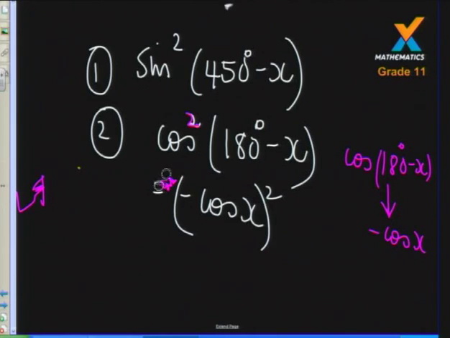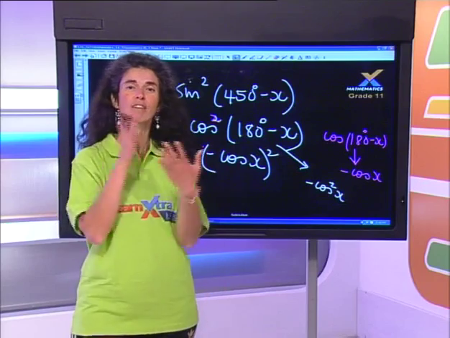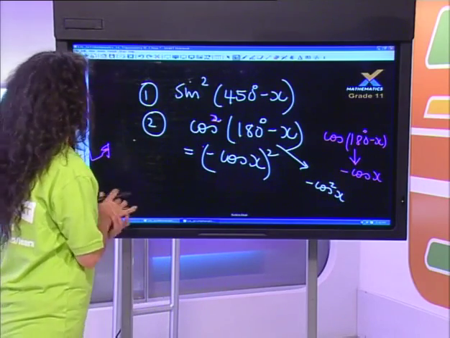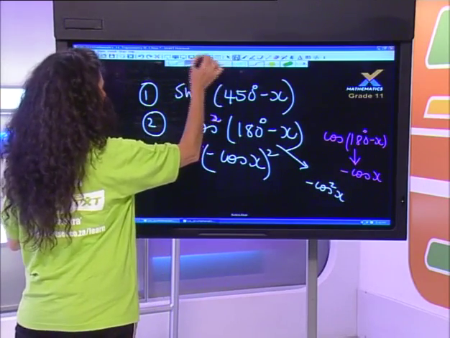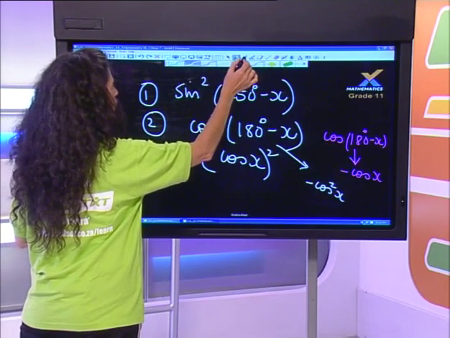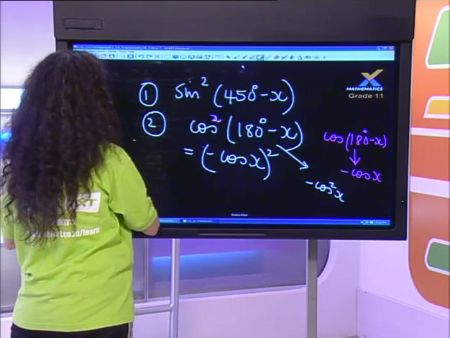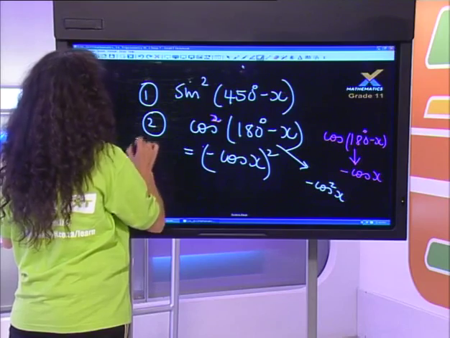It's not good enough to say that this function is going to be negative cos squared x, because that means something completely different. If I look at it in terms of numbers, I always do this with my children at school so that they can understand the trig.